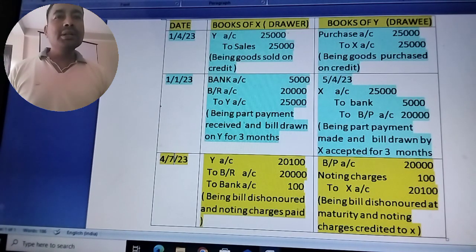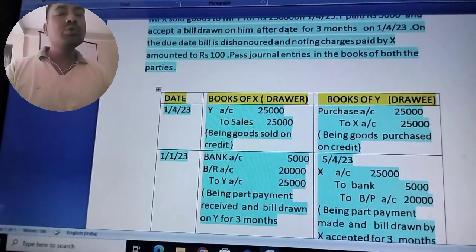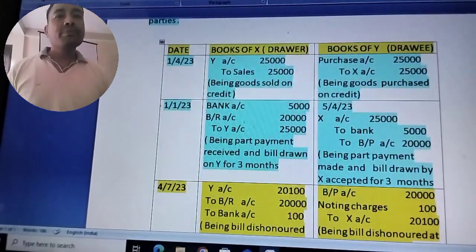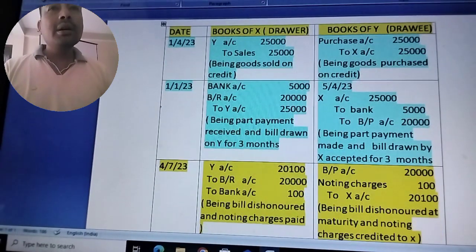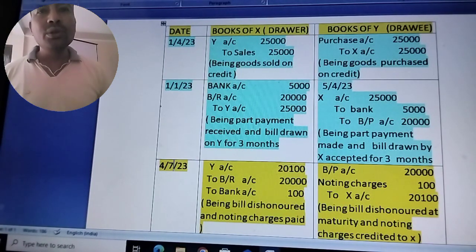Okay. But Y also has to pay rupees 100 noting charges paid by X. So X has paid the amount initially. So what will the entry be? X will credit bank account for rupees 100, because it is X who paid noting charges to the notary public.